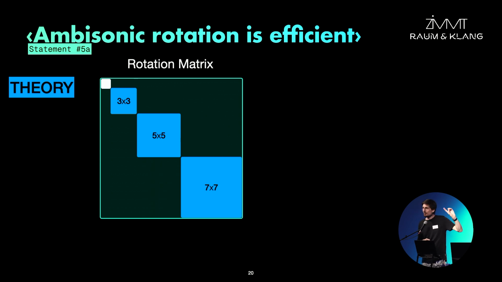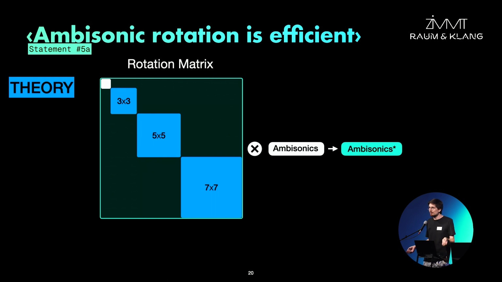There's a 3 by 3, 5 by 5, 7 by 7, and it goes on and on to a higher order Ambisonics. And what you do is a simple matrix multiplication. You have your Ambisonic sample, maybe 16 channels, and you do a matrix multiplication to get your rotated field. And for each sample, you need 83 multiplications and 68 additions, if I counted correctly. Not sure about that.